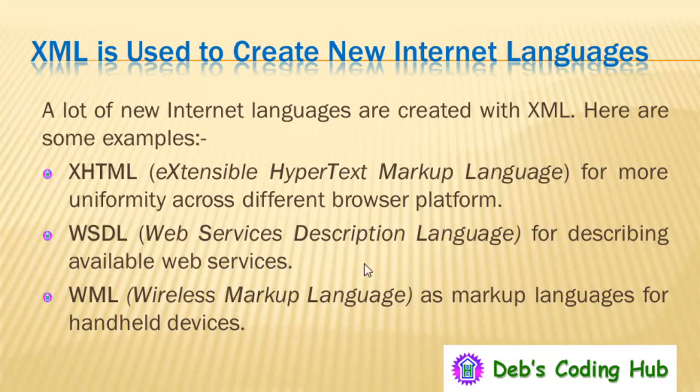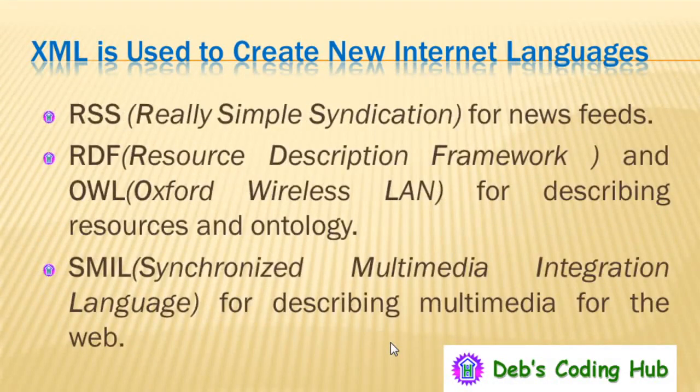WSDL, Web Services Description Language, for describing available web services. WML, also known as Wireless Markup Language, a markup language for handheld devices like your mobile. Then RSS, Really Simple Syndication, for news feeds.